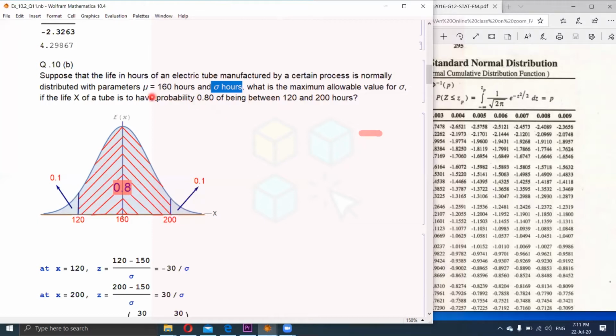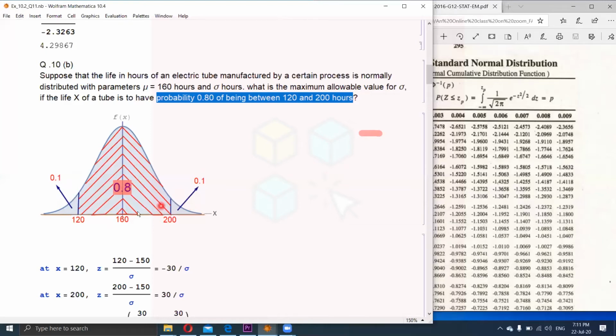The total area under this curve from minus infinity to plus infinity is always equal to 1. Whenever 0.8 is subtracted from 1, the 0.2 is the remaining area which lies on both tails. The sum of the area of both tails is 0.2.